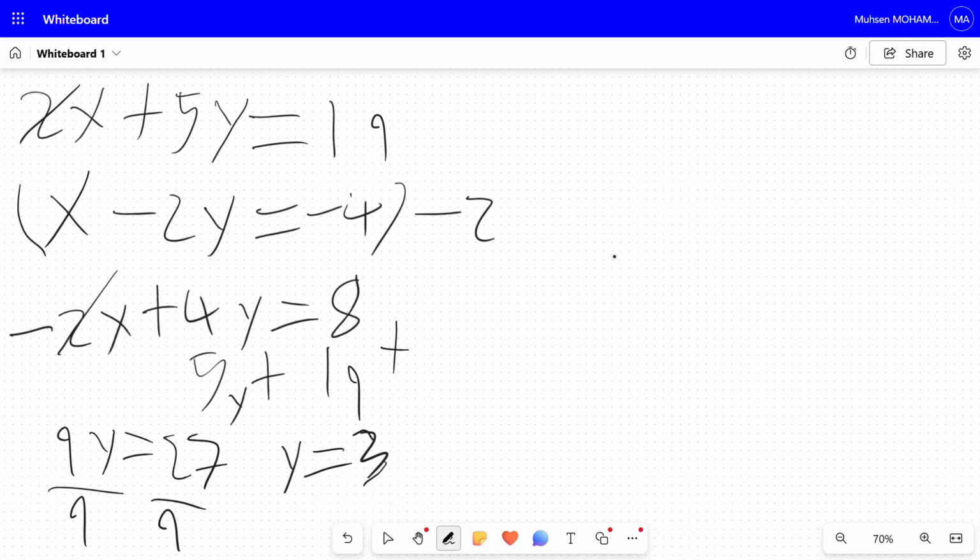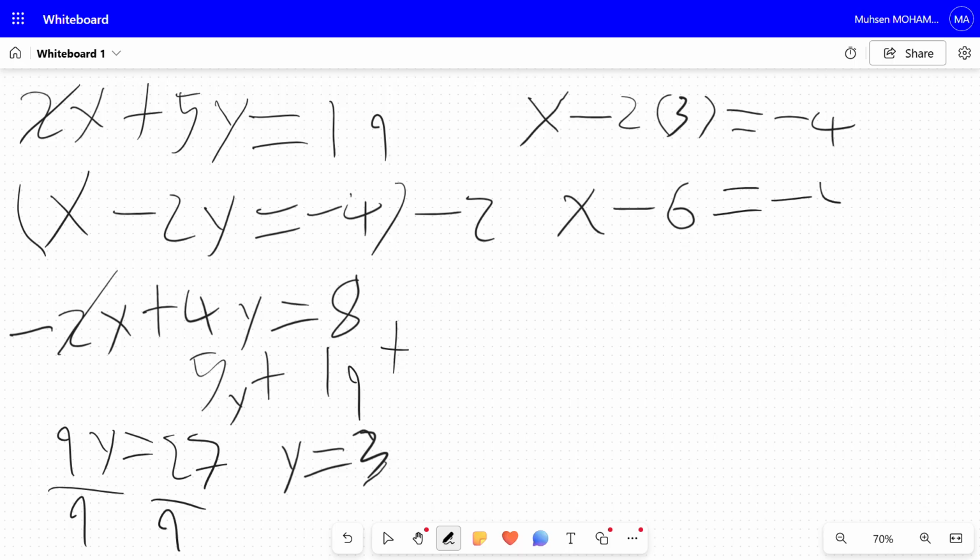And now to find the value of x, I just have to plug in y into one of the equations. So if I plug in y to the second equation, it will be x minus 2 times 3 is equal to minus 4. So that will be x minus 6 is equal to minus 4.